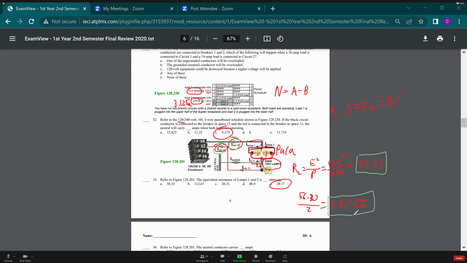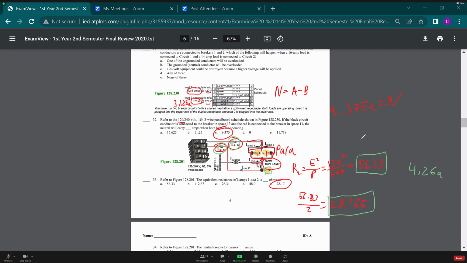First, I'm going to use my 28.17. To find amps, I'm going to take E divided by R. E in this case is going to be 120. 120 divided by 28.17 is going to give me 4.26 amps.